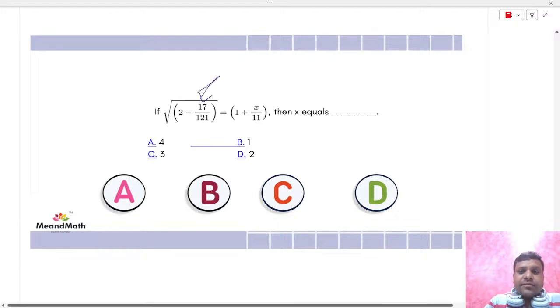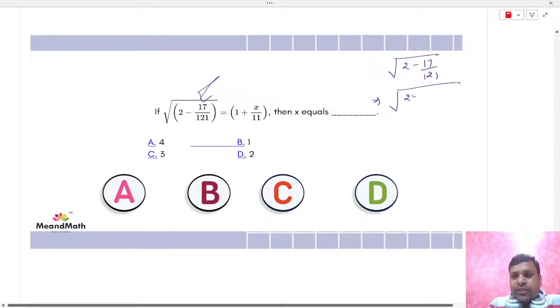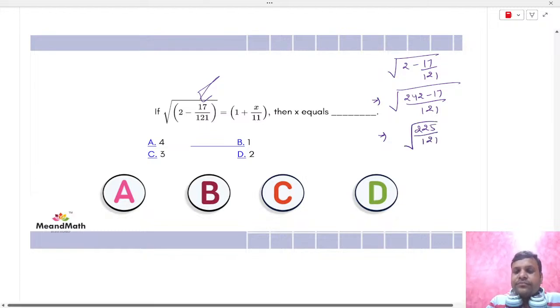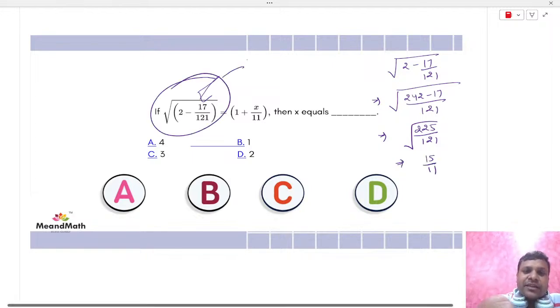First solve this number. So 2 minus 17 upon 121 is equal to 242 minus 17 upon 121, which is equal to 225 upon 121. If you find the square root, then this is 15 upon 11. So the value of this bracket is 15 upon 11.